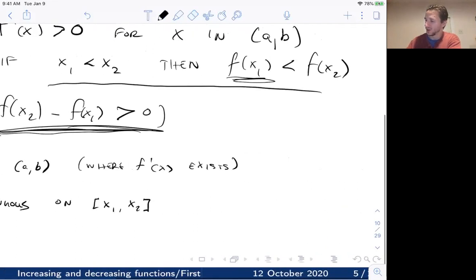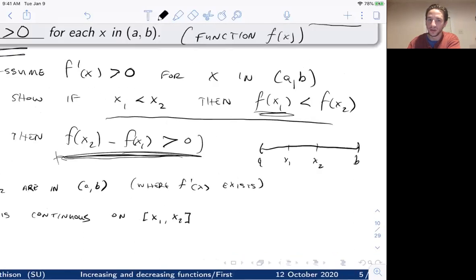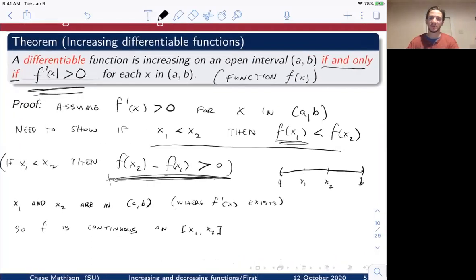Because if I draw the number line, I've got a and I've got b. This is the open interval, and then I'm picking x1 in here and x2 somewhere else to the right of x1. So because f is differentiable on the whole interval a to b, f is going to be differentiable and continuous on the interval x1 to x2.